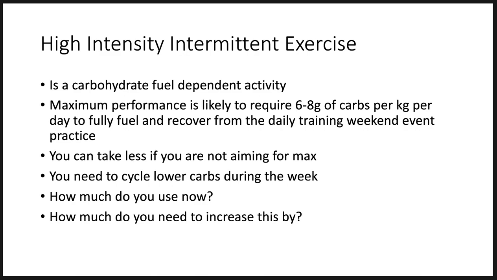As soon as you're training at above probably 60, 65, maximum of 70% fat max, it's been shown in the studies that you can't really burn energy more than that 70% of your maximum heart rate using fat for fuel, and that's high if you've trained it with specific protocols. So it's a carbohydrate dependent exercise.